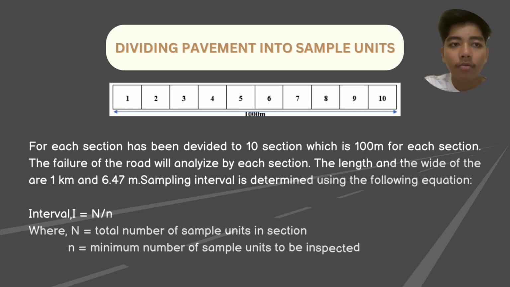The length of the road is 1 kilometer and the width is 6.47 meters. The sample interval is determined using the following equation, which is interval equals N over n.